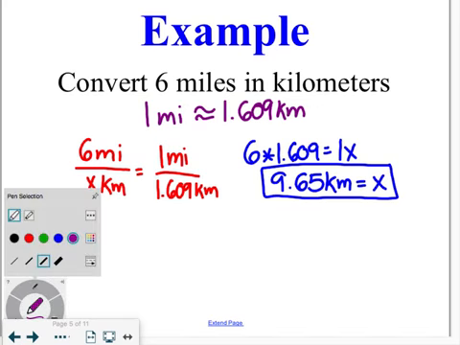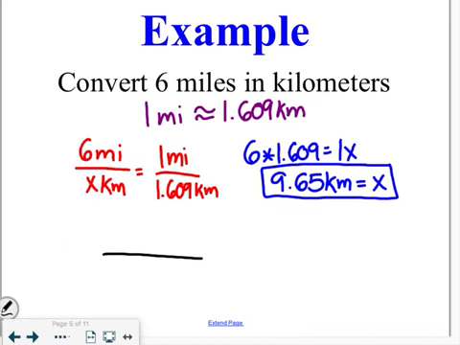I like to call them the railroad track method. So you're going to draw yourself a little chart like this. Putting in your initial value, you have still 6 miles to start. This middle line on the track is used to represent per.